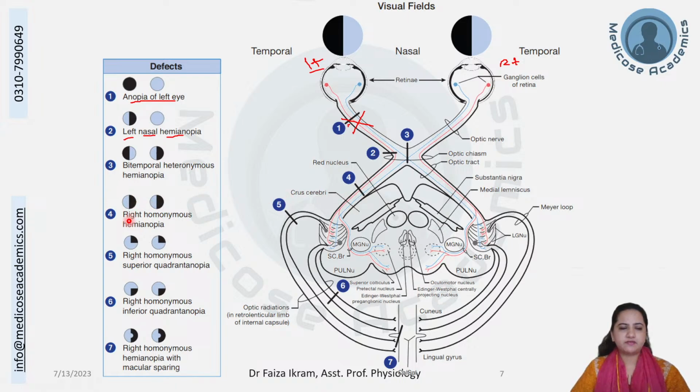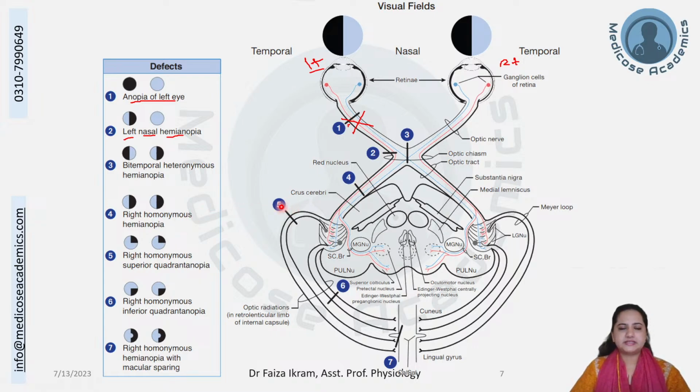So the picture you will have is this. On both sides, the right half of vision is lost. Nasal here, temporal here, but it is right on both sides. So this will be right homonymous hemianopia. You can appreciate, if you know the visual tract anatomy, you can guess the effect of a lesion at any level.